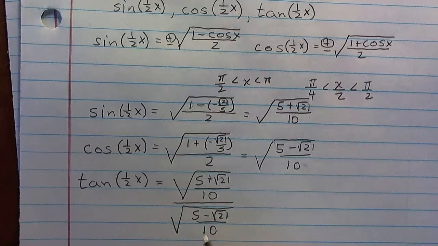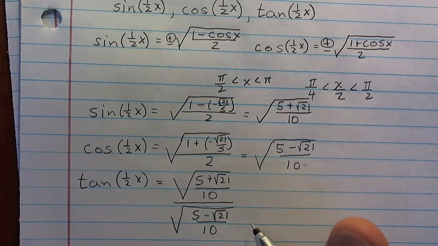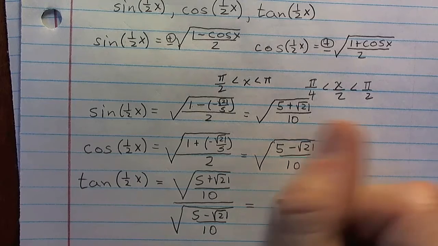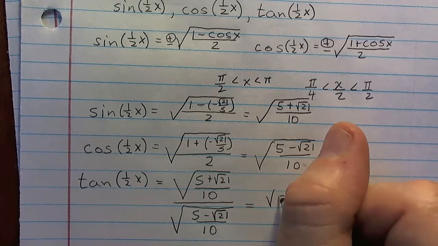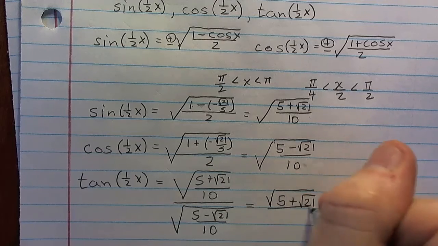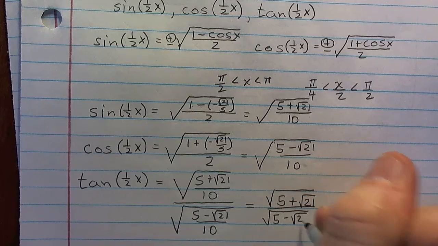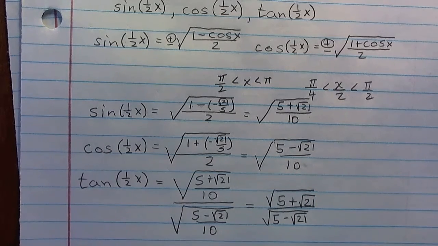And notice that these 10s, I could multiply the top and the bottom by the square root of 10. And what you would get is that this thing reduces to 5 square roots of 21 over 5 minus the square root of 21. And there you have your half angle formulas.